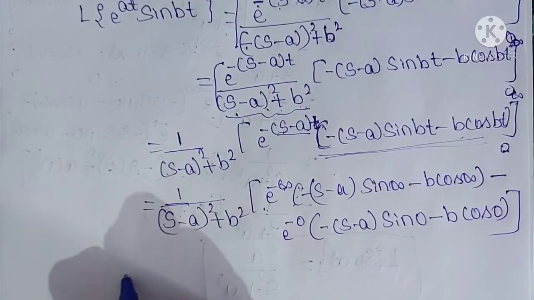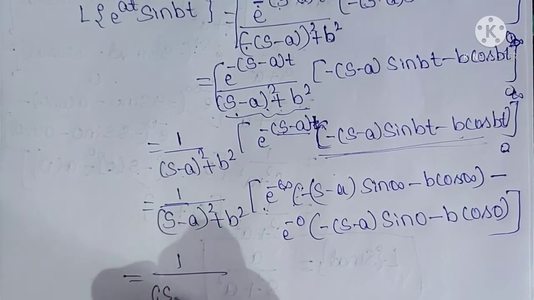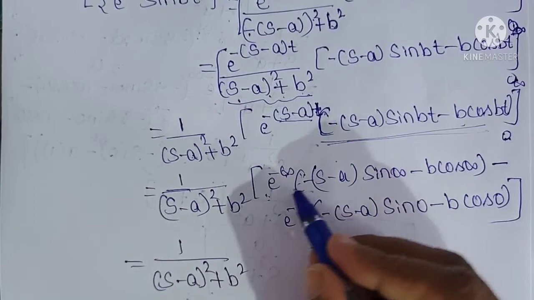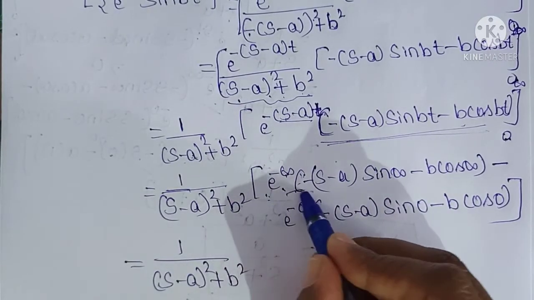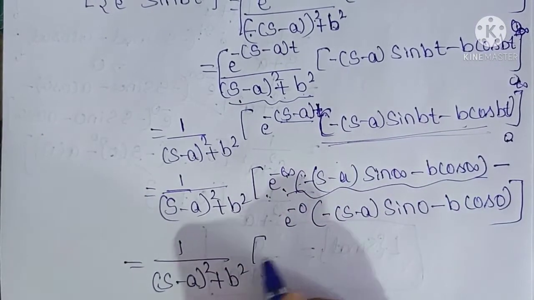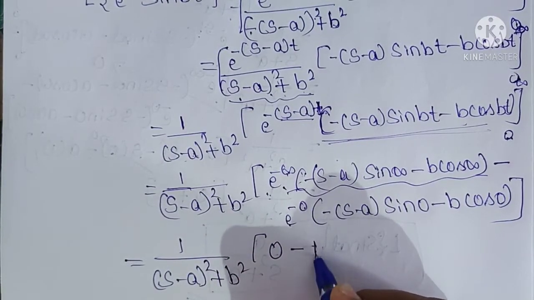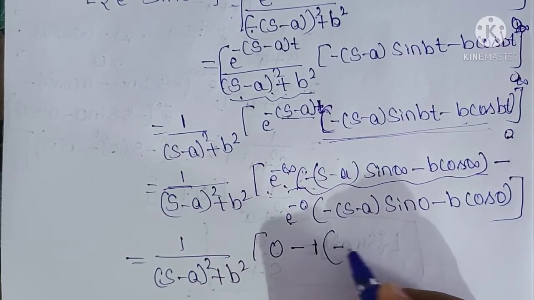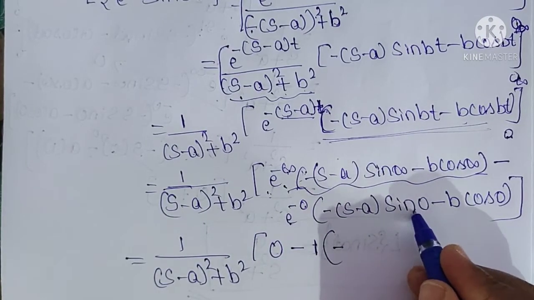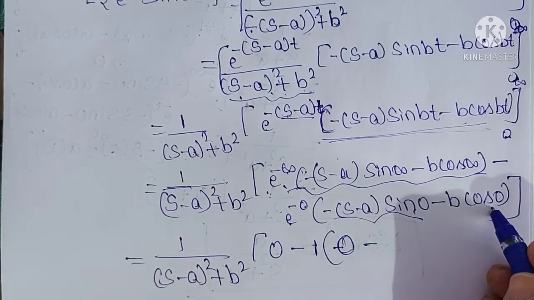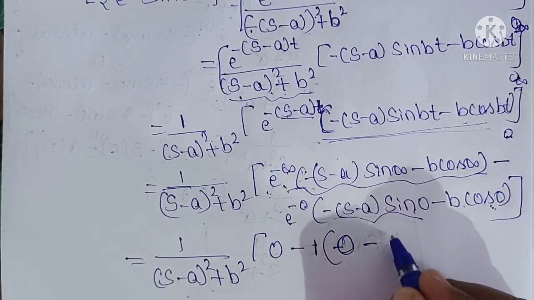Now simplification. 1 divided by s minus a whole square plus b square as it is. E power minus infinity value is 0, 0 into this entire term value is 0, minus e to the power of 0 value is 1, minus sin 0 value is 0, 0 into this entire term is 0, minus cos 0 value is 1, 1 into b value is b.